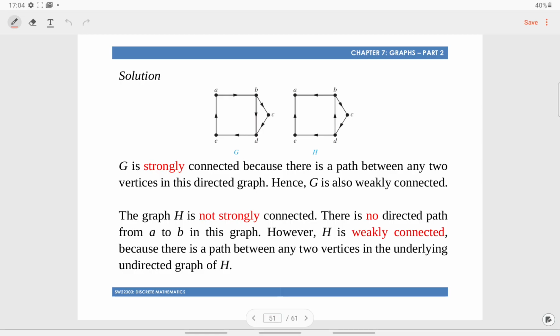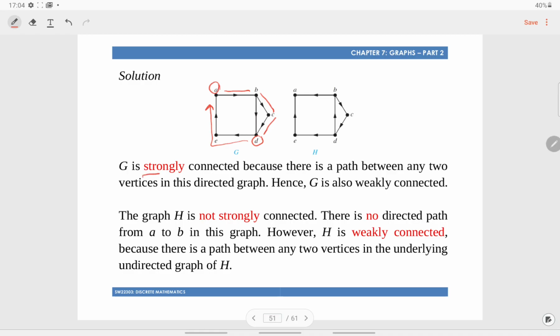Let's say I want to go from A to D. There is a path from A to D, and there is also a path back from D to A. So for all vertices we can have a path from one vertex to another, and we can go back to the original vertex.